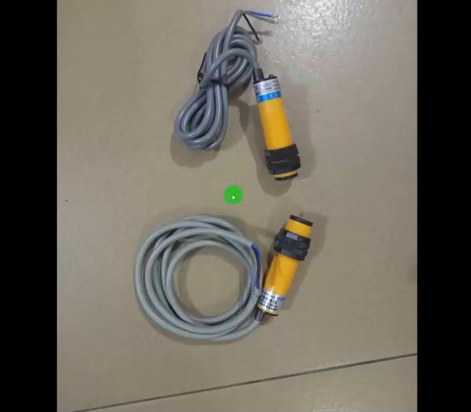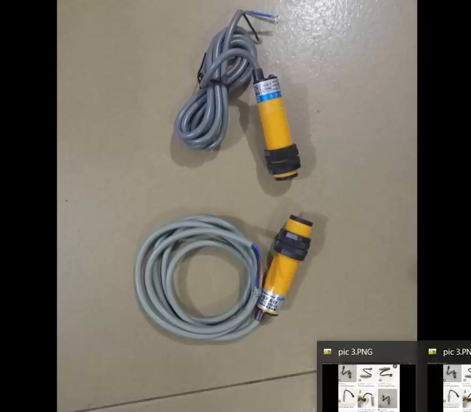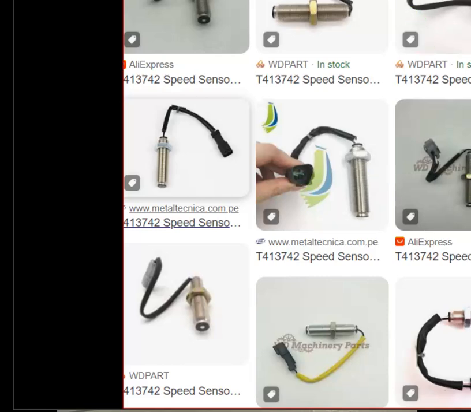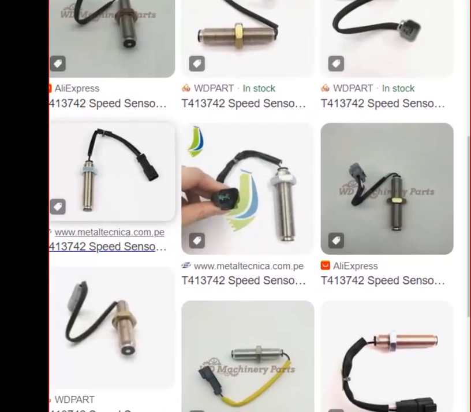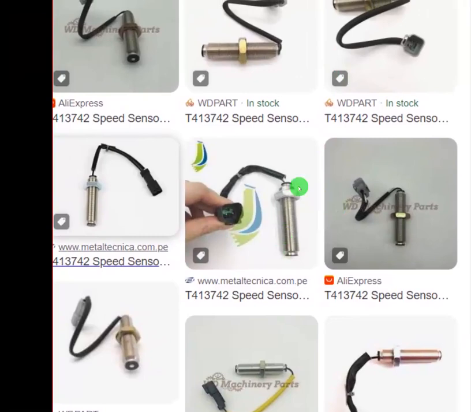We have different types of sensors. This is a sensor. This is also a sensor. We have inductive sensor, capacitive sensor, and so on. Magnetic sensor. Let me show you a few of the pictorial views. This is another sensor. These are other categories of sensors as well. We use this particular one for speed, to control speed.